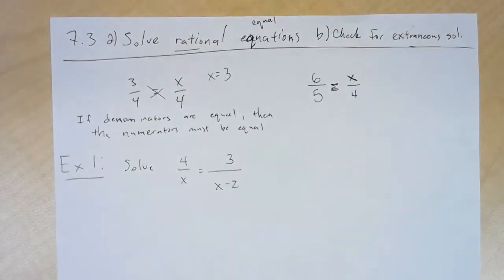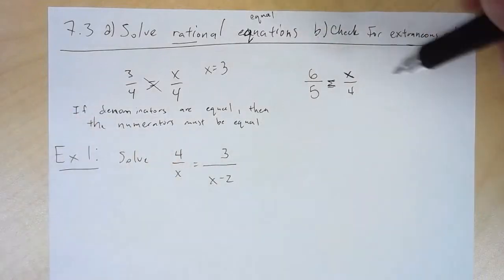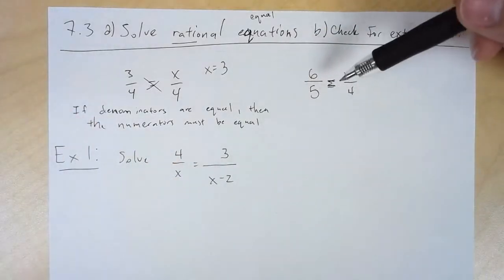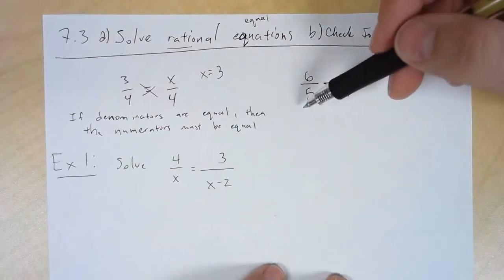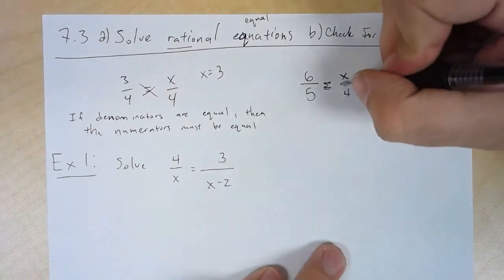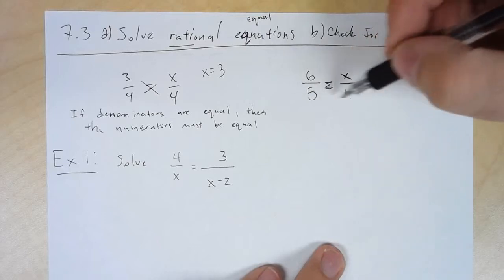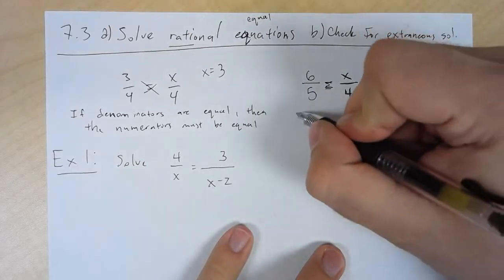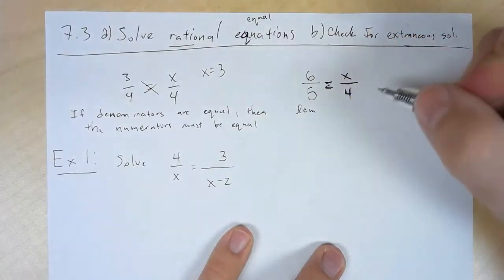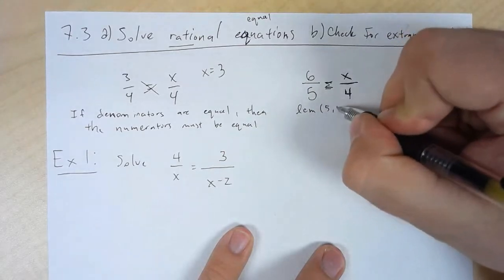So that's all well and good when we have denominators that are equal. If they're not, though, we have to get them to be equal. So let's look at this example I have on the right. 6 over 5 equals x over 4. So these denominators, 5 and 4, are not equal. So we have to look for the least common multiple, which we've talked about before, of our denominators.